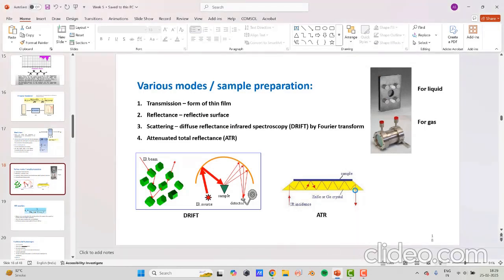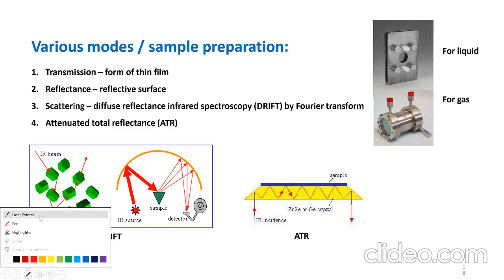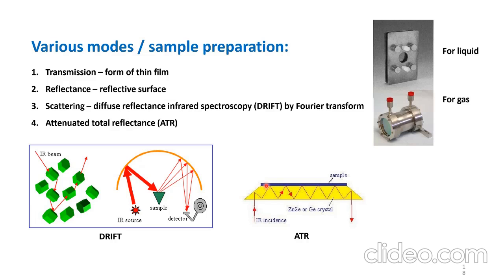And the sample is placed very close to this crystal, the ZnSe crystal, and the IR radiation is falling in such a way that multiple times it is striking the sample and the absorption is happening.